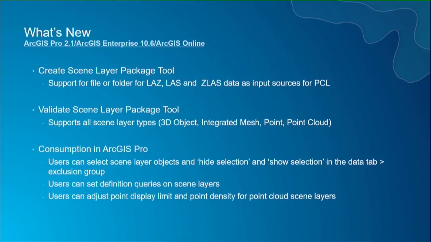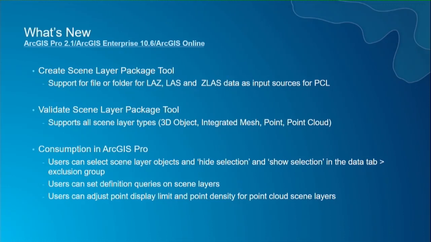So you publish this base map of a city, a 3D scene layer, 3D objects for that matter, and now you have some data from a local provider, or a building, just one building you're interested in, hiding it or masking it out. So we do allow you to hide a selection for 3D object layers, and they can also flip back to show it and back and forth. This is a good way of integrating more content without having them conflict with each other.